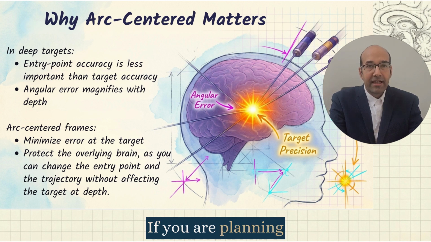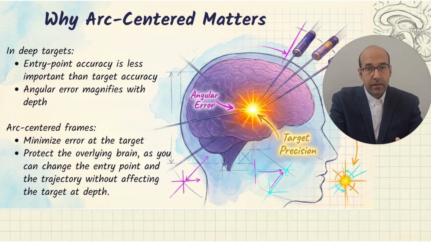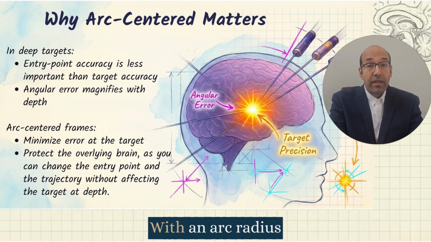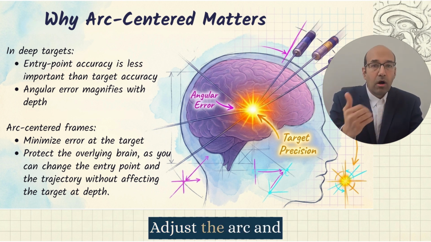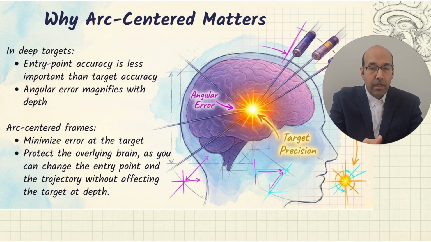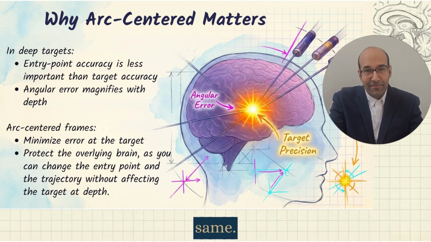If you are planning a DBS electrode to the subthalamic nucleus and you realize the first trajectory you chose passes through a blood vessel, what do you do? With an arc radius system, the answer is simple. Change the entry point. Adjust the arc and ring angles. The target coordinates and depth stay exactly the same.